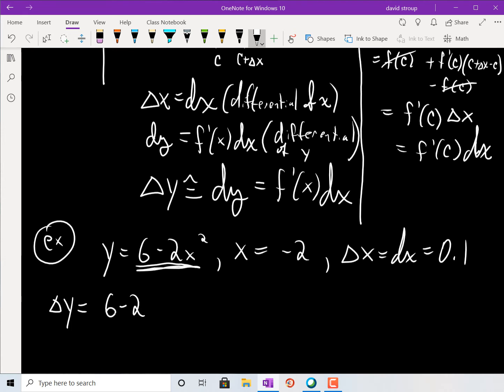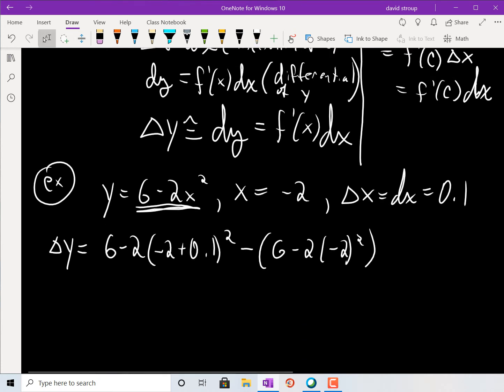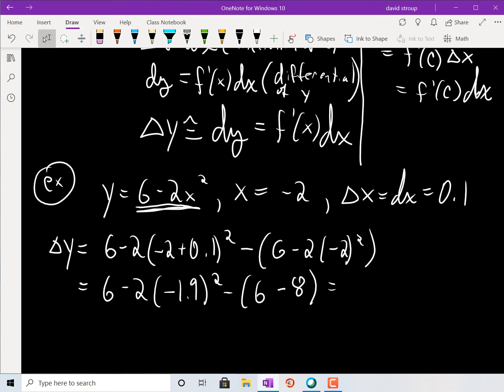So it'll be 6 minus 2 times -2 plus 0.1 squared, and then minus that thing evaluated just at x, so 6 minus 2 times -2 squared. This thing then will become 6 minus 2 times -1.9 squared, and then minus 6 minus 2 times 4, which is 8. If you plug it into your calculator, you'll get 0.78, eventually.